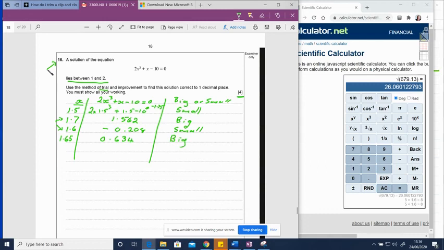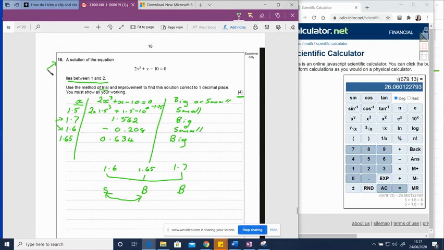So if I look at my number line, I can say that 1.6 is too small, 1.7 is too big. When I've tried 1.65, I found it's too big. So any number less than 1.65 will round to 1.6 because the answer is going to be somewhere between 1.6 and 1.65.